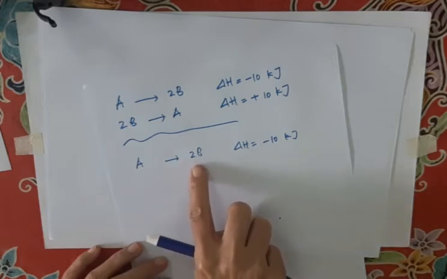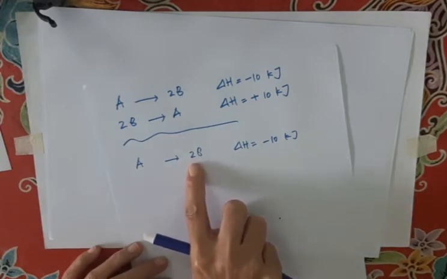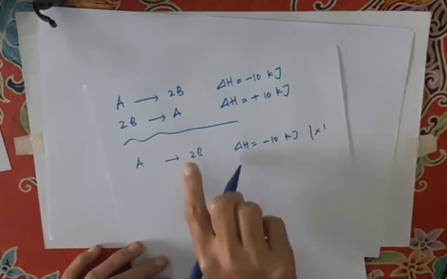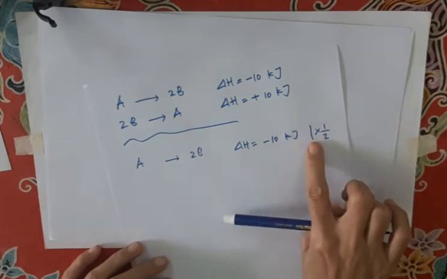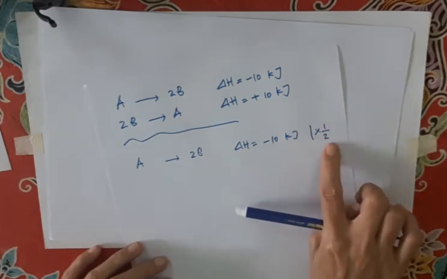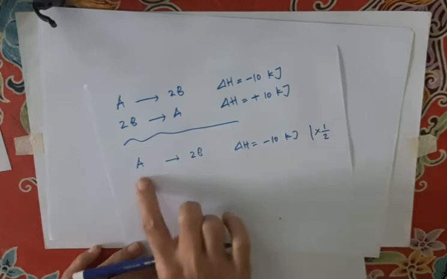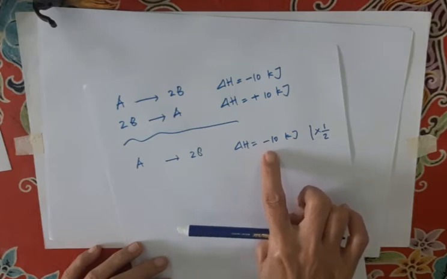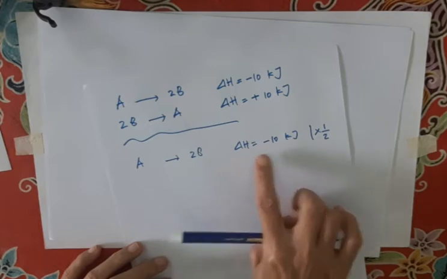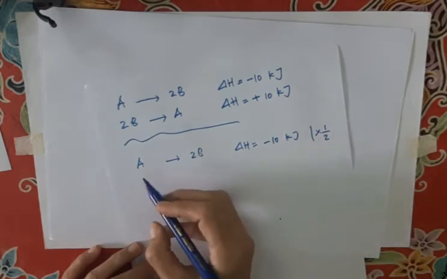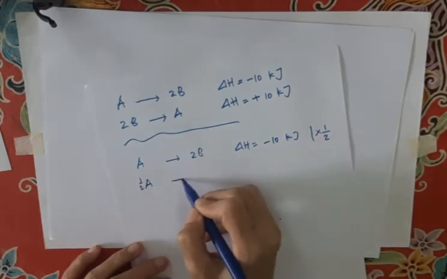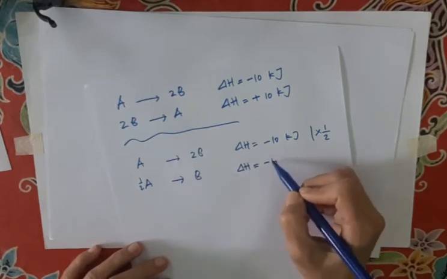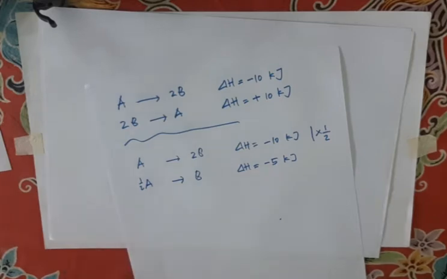We want to change this into 1B, so multiply by a half. When you multiply this equation by a certain number, you must multiply delta H also by this number. So we have A turns into B with delta H minus 5 kilojoule.